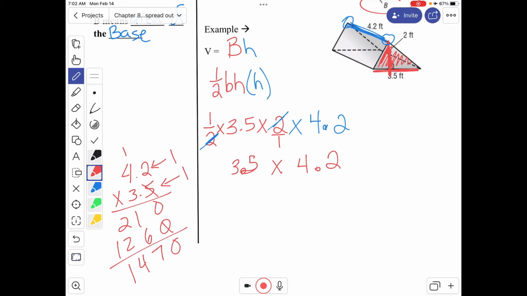And there's 1 decimal space there and 1 decimal space there, so that means in the answer I need to move it over 2 spaces. So this is equal to 14.7. I'm going to drop the last 0. And this is feet cubed, because volume is a measure of how many cubes will fit inside something.